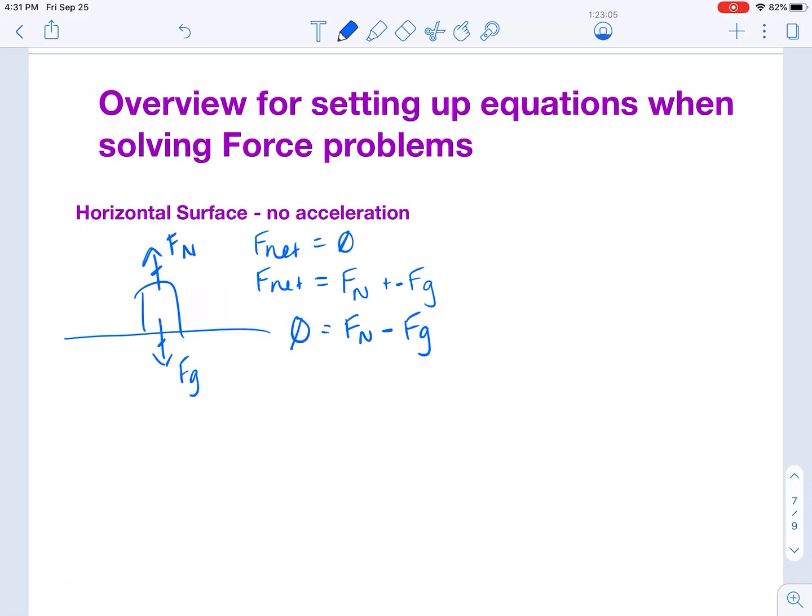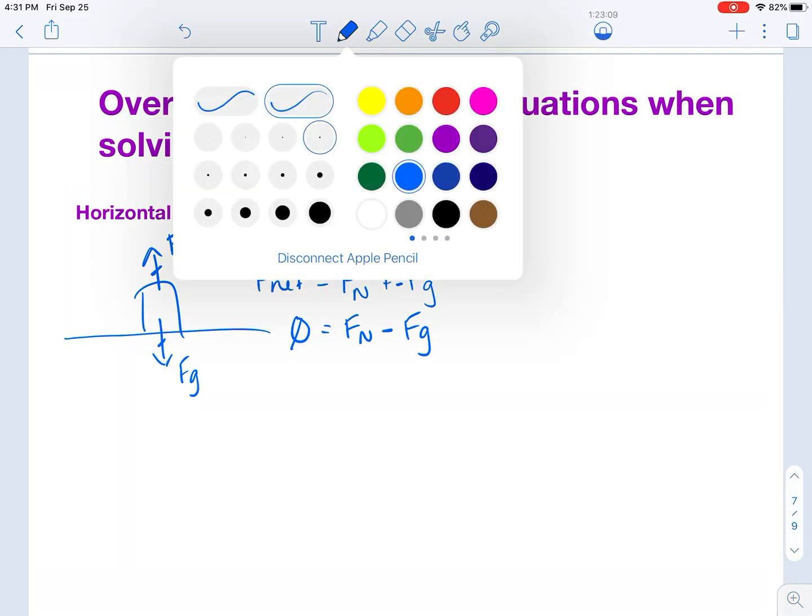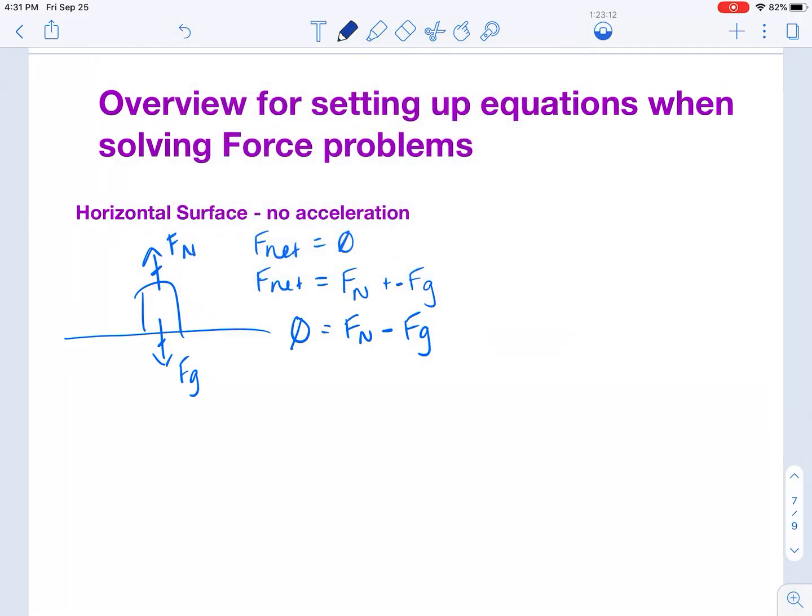Okay? If we were looking at the horizontal direction, so let's say that this is an object that is at rest, but we apply a force to it. Well, if the question tells you that the object does not accelerate, this would be a situation where I'm pushing or pulling on something, but it doesn't move. Well, why does it not move?